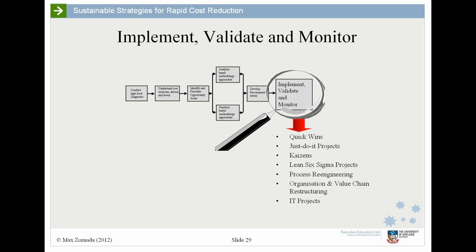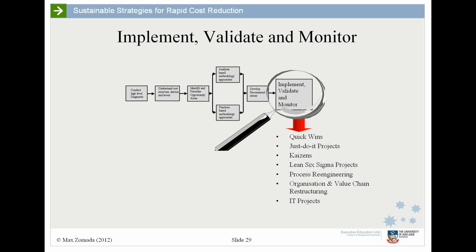When it comes to implementation, you find there's a range of outcomes that need different mechanisms to implement. There's often quick wins, very quick changes that are little more than tweaks to the business that generate significant impact. And slightly more elaborate than a quick win is a just do it project.